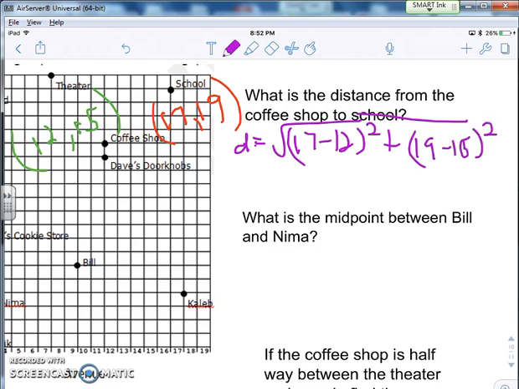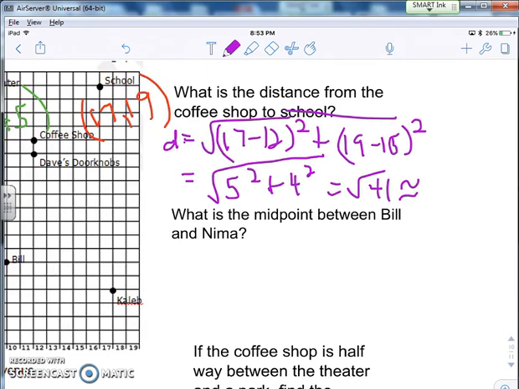That's 5 squared plus 4 squared, 25 plus 16 is 41, so we get the square root of 41, which is about 6.4 units.